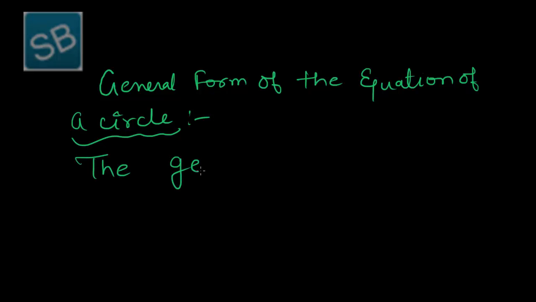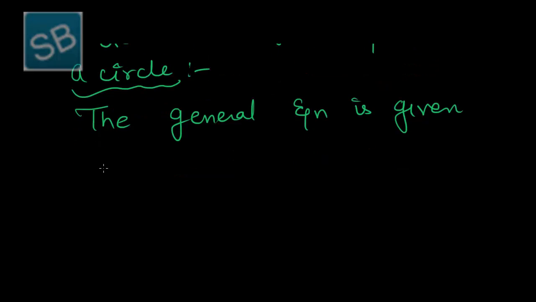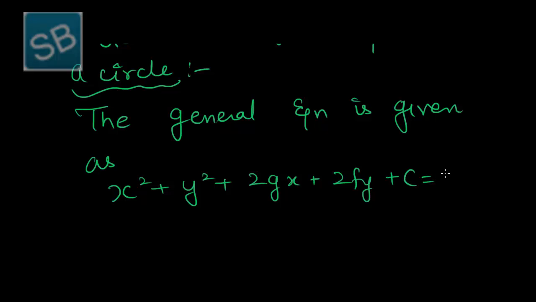The general equation is given as x square plus y square plus 2gx plus 2fy plus c is equal to 0. Give its name as number 1.